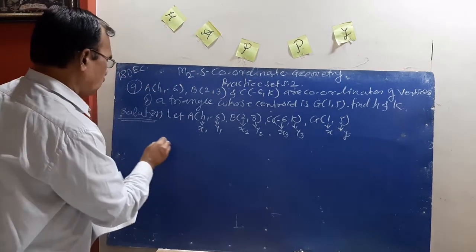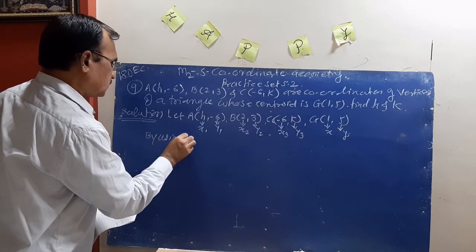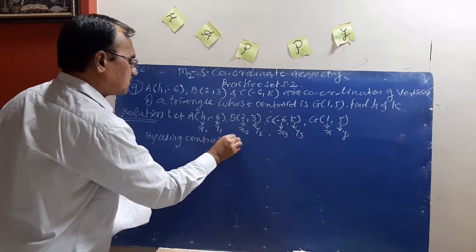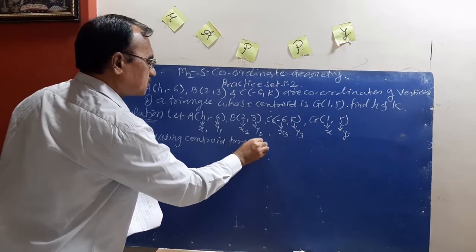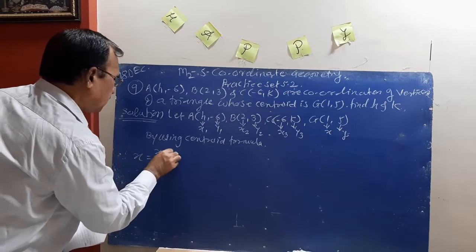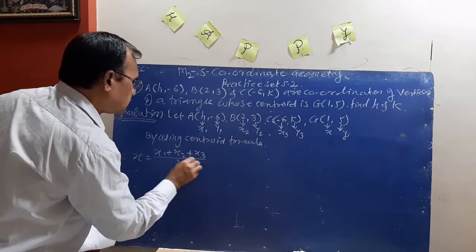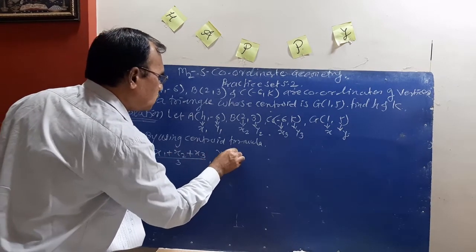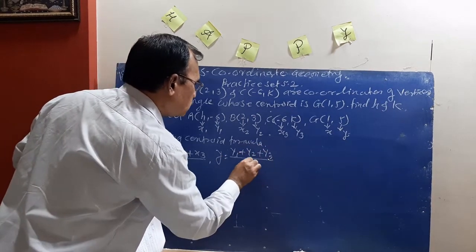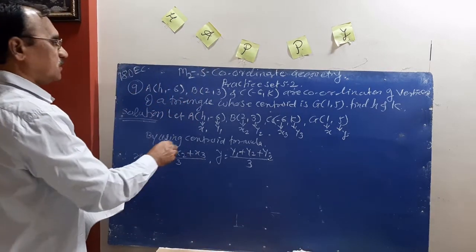By using the centroid formula, x is equal to x1 plus x2 plus x3 upon 3, and y is equal to y1 plus y2 plus y3 upon 3. Now all these values are given in our example.